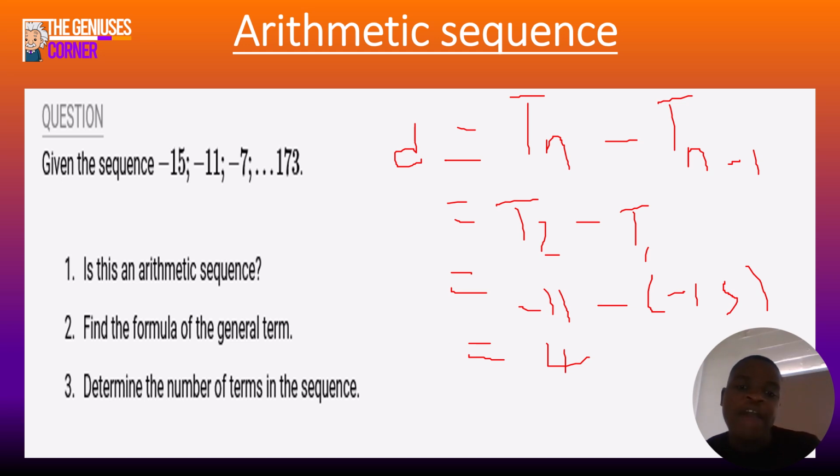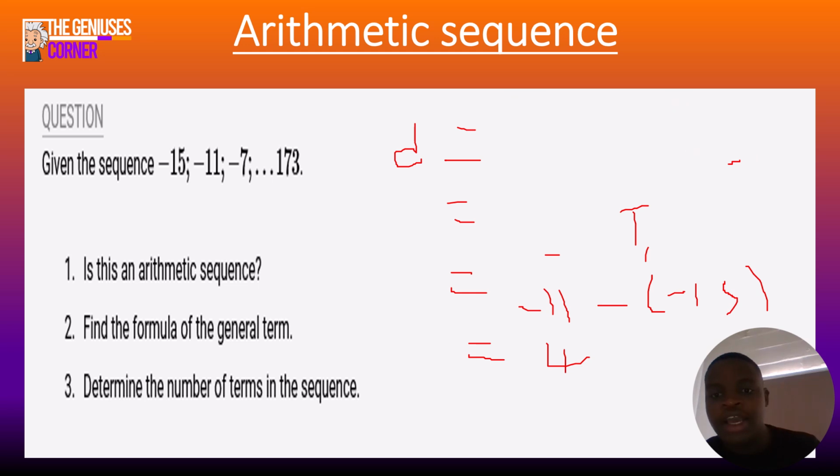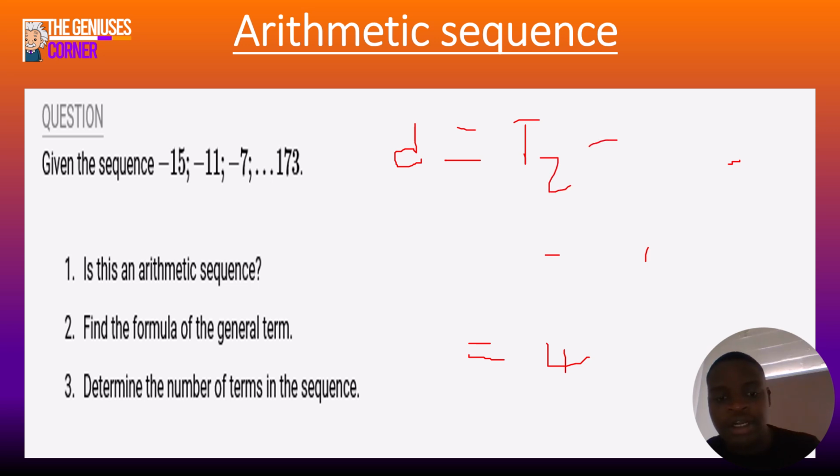Now we have to check that this is constant. So we're going to check if it is equal to T3 minus T2.